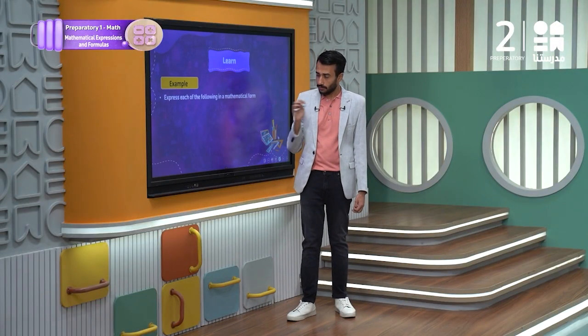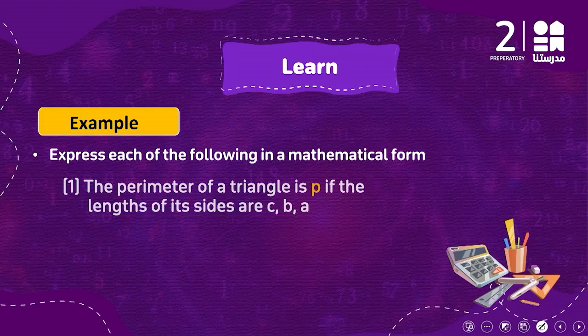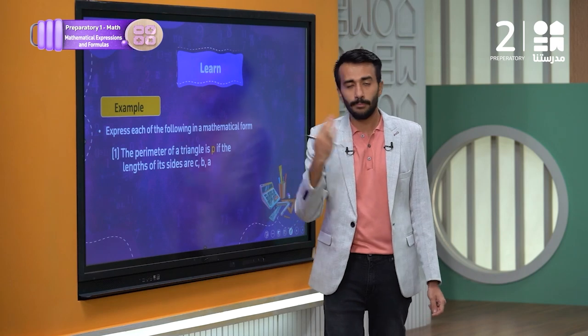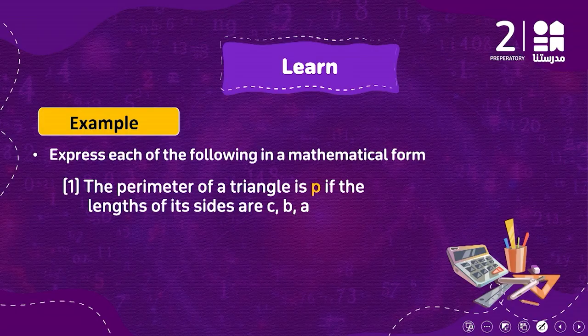And a formula, as we said, is just a rule. Now we have an example. Express each of the following in a mathematical form. We have 5 mathematical forms, as we said. The perimeter of a triangle is P if the lengths of its sides are A, B, and C, or C, B, and A, whatever the order.